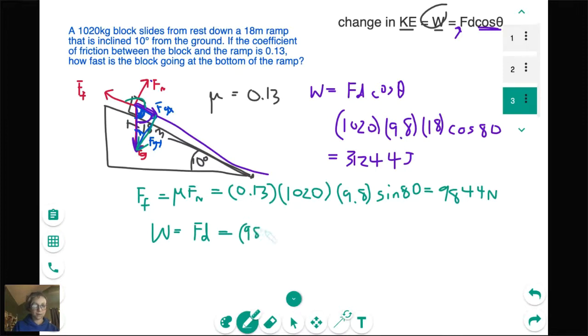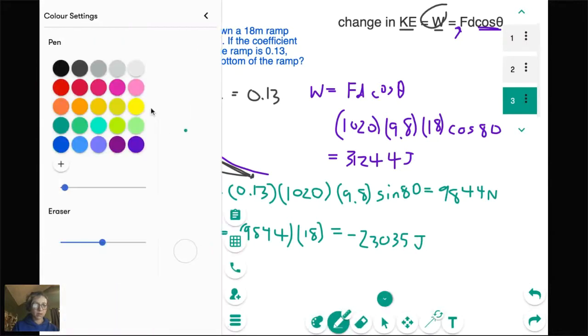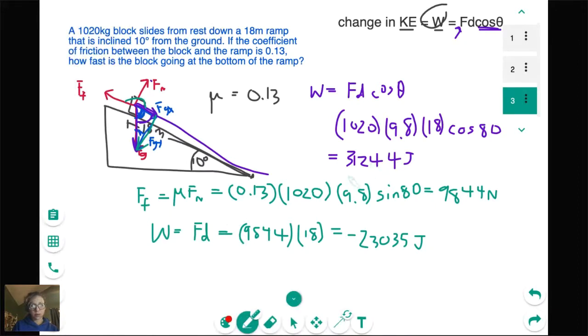So I've got 9844 times 18. And I know that it's going to be negative. And so I end up with negative 23,035 joules.